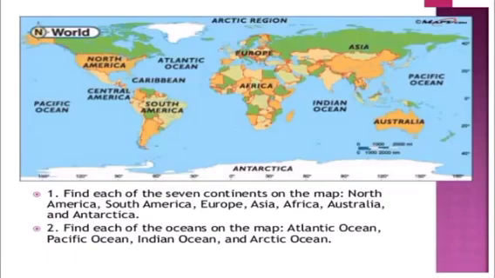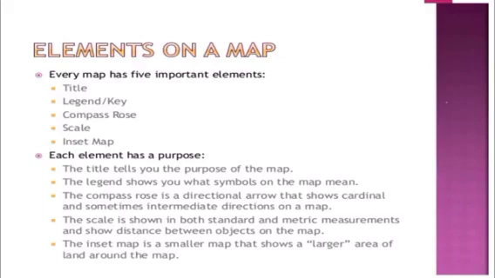First, find each of the 7 continents on the map like North America, South America, Europe, Asia, Africa, Australia, and Antarctica. The second one is that find each of the oceans on the map like Atlantic Ocean, Pacific Ocean, Indian Ocean, and Arctic Ocean.